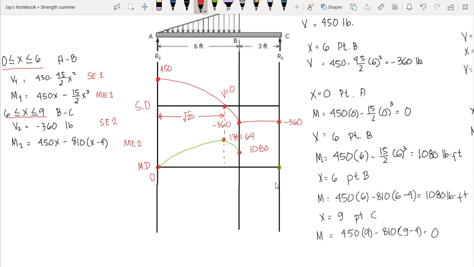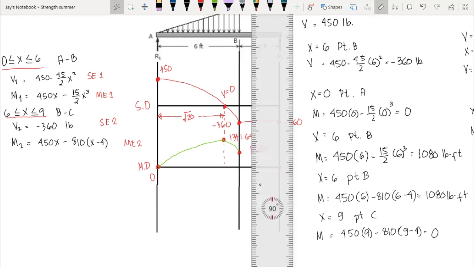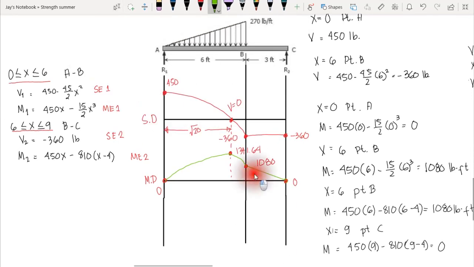However, how are we going to plot this one? Our shear diagram is in 0 degree, it is horizontal, therefore our moment diagram should be in the first degree. So therefore we have an inclined line that has a constant slope. So we have this one.